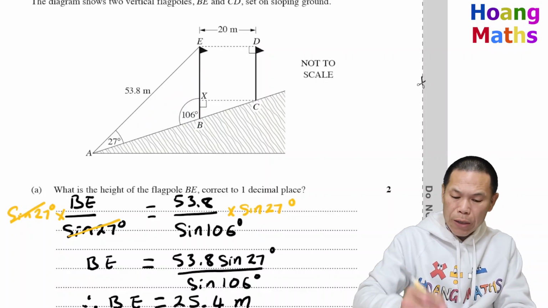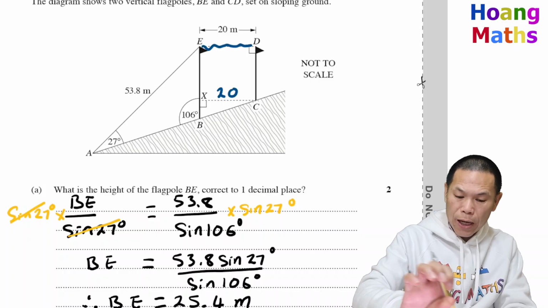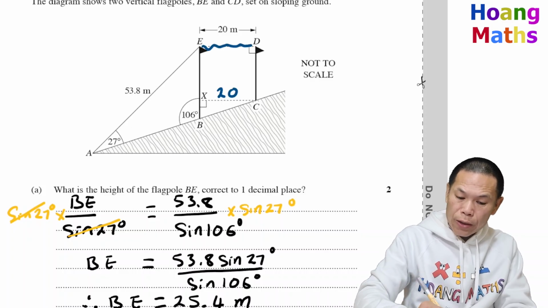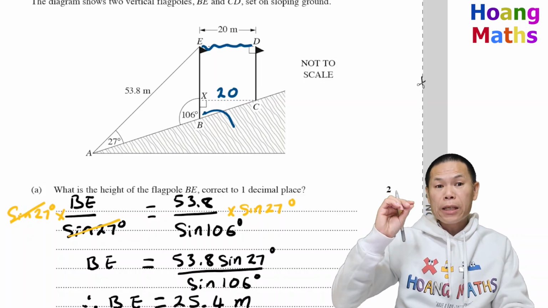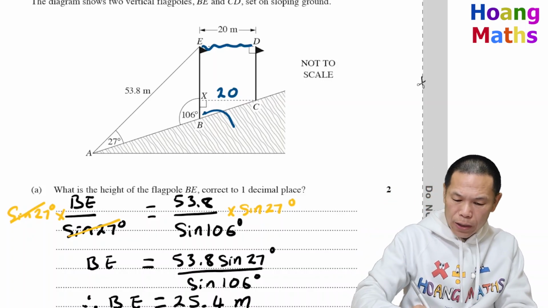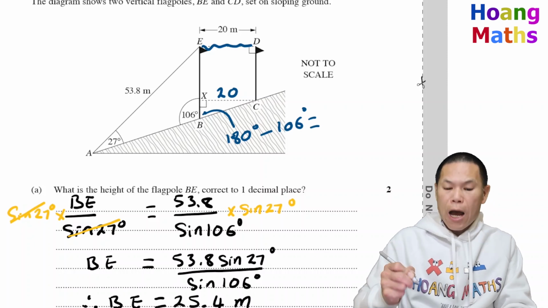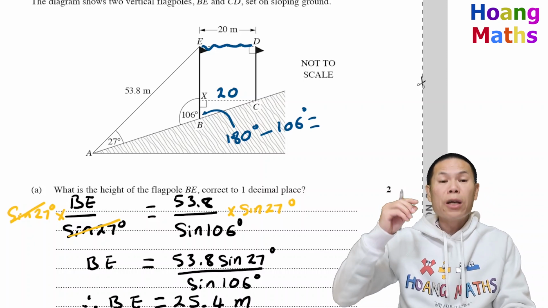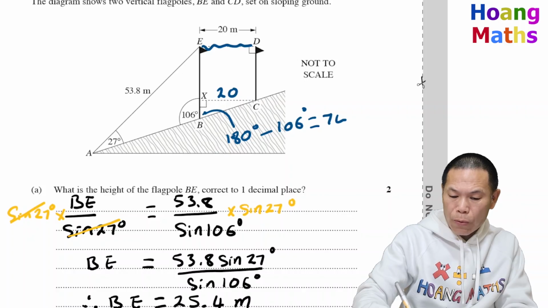So we need to find BX. We know that CX is 20 meters, this length here, okay? And this angle here is 180 minus 106. So 180 degrees minus 106 degrees. 180 minus 100 gives me 80, minus 6 becomes 74.